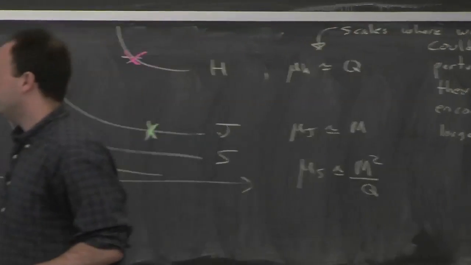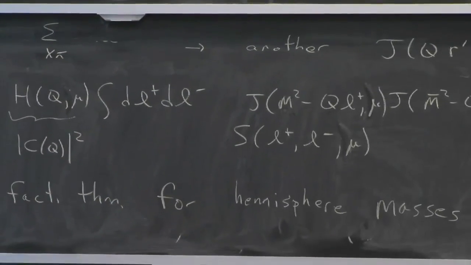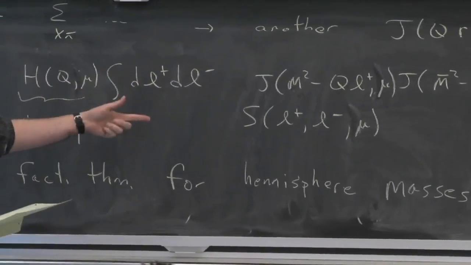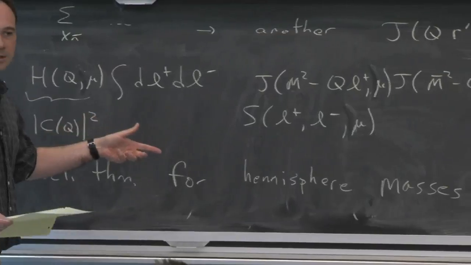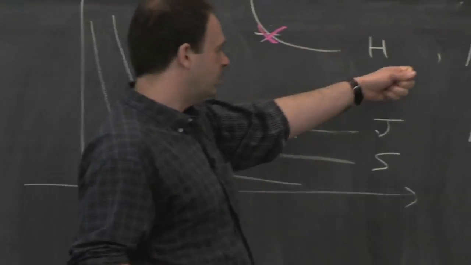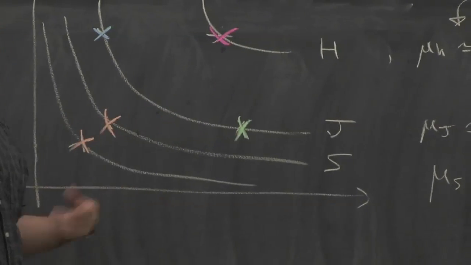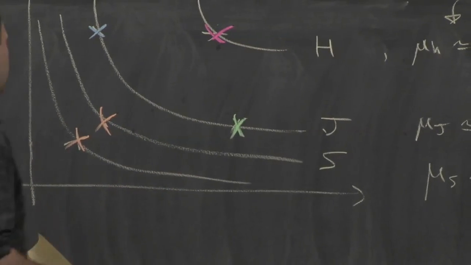So in this formula, there's a common mu, which is like a factorization scale. But each of the functions wants to live at a different mu, and we're going to have to do some renormalization group evolution to put things at the scales they want to be at, and then there'll be some resummation going on, and that's going to sum logs of m squared over q squared.